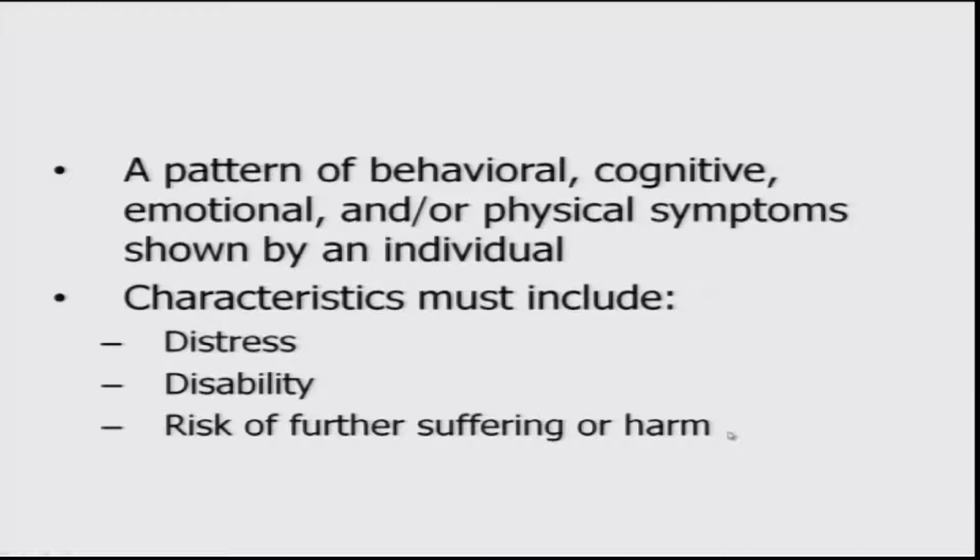So, in kids, you have to look at the pattern of behavior. A single behavior may be very severe enough to disrupt things, but it may not be very significant. But when you talk about a pattern of behavior, there should be a significant distress by it, or a disability which is arising out of the behavior, or risk of further suffering or harm.